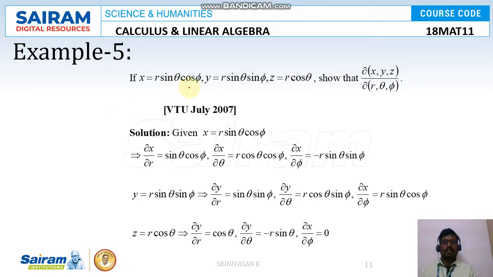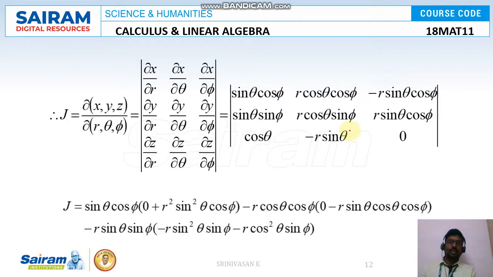So the next problem, we'll discuss just a normal process only. x equals r sin theta cos phi, y equals r sin theta sin phi, z equals r cos theta. Show that... So our aim is to find xr, x theta, x phi, yr, y theta, y phi, zr, z theta, z phi. So you have to simplify with normal differentiation only. We'll get some matrix value.